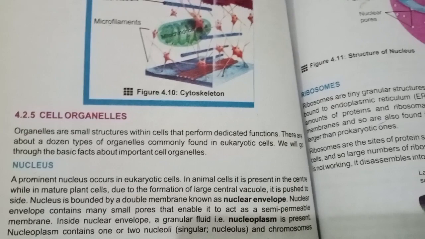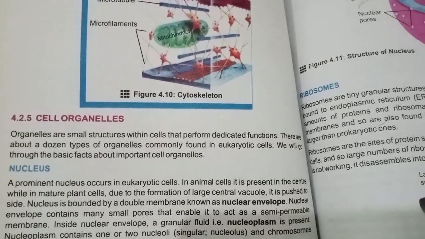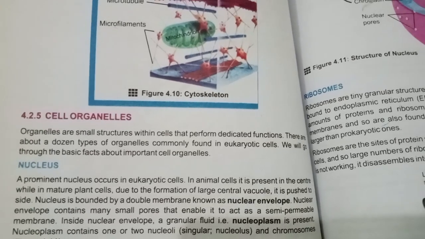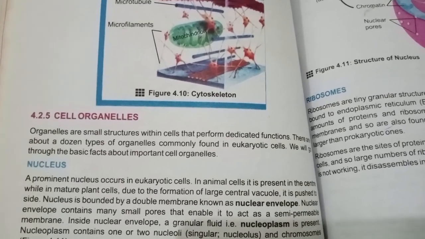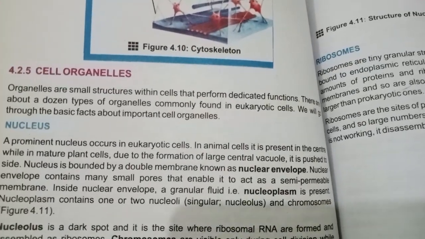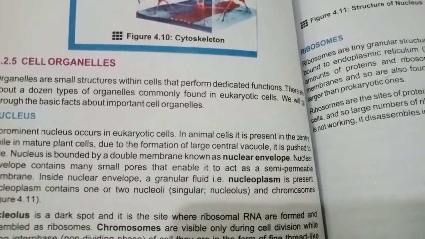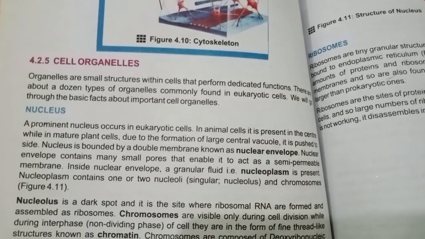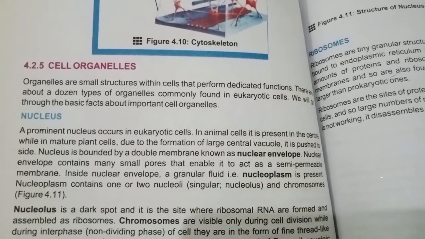Inside the nucleus, there is a granular fluid, the nucleoplasm, which contains the nucleolus and the chromosomes. The nucleolus is the dark spot, and it is the site where ribosomal RNA is formed and assembled into ribosomes.